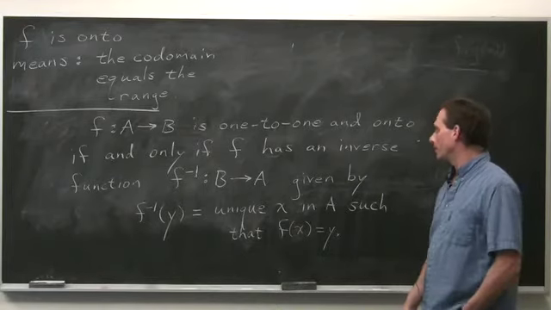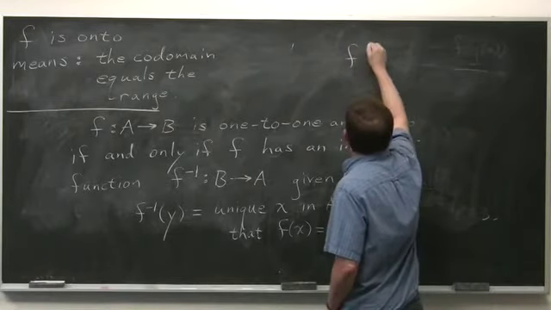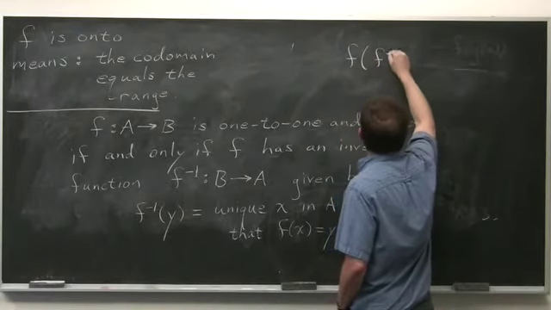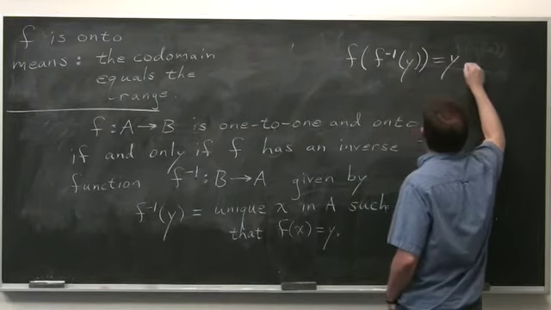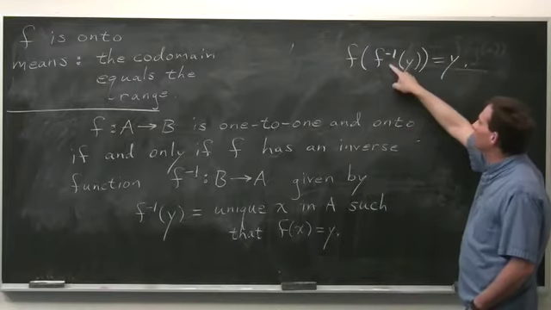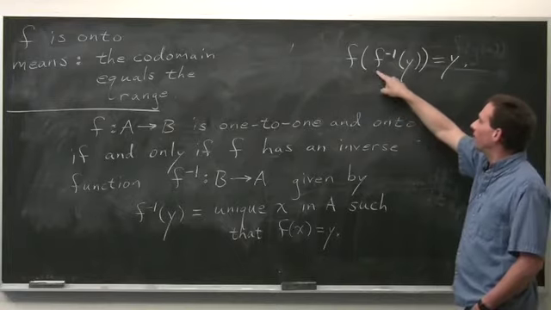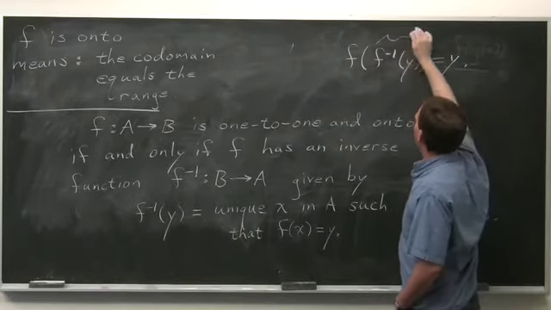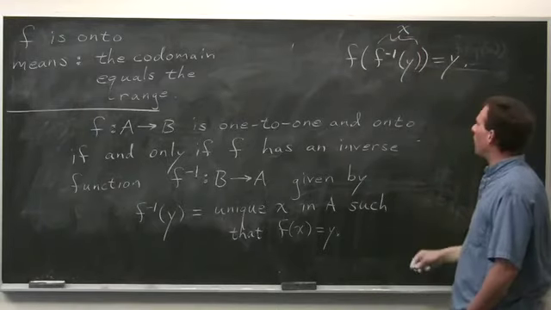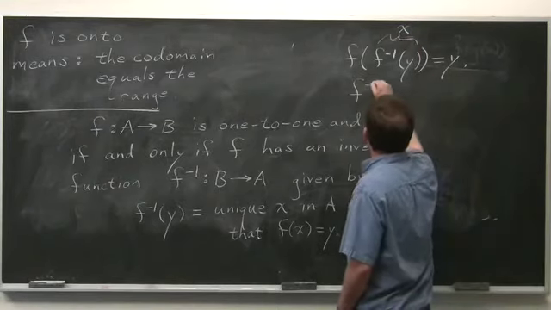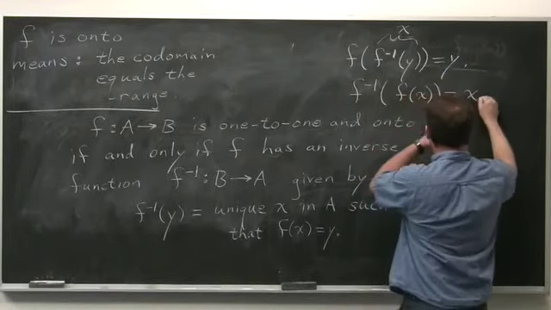What this means is that if you take f of f inverse of anything, so if you compose f with its inverse, you just get y, because this is the x coordinate that goes to y, and then you do f to that. So if you call this x, then you've got f of x, which of course is y. And it's also true that f inverse of f of x equals x.